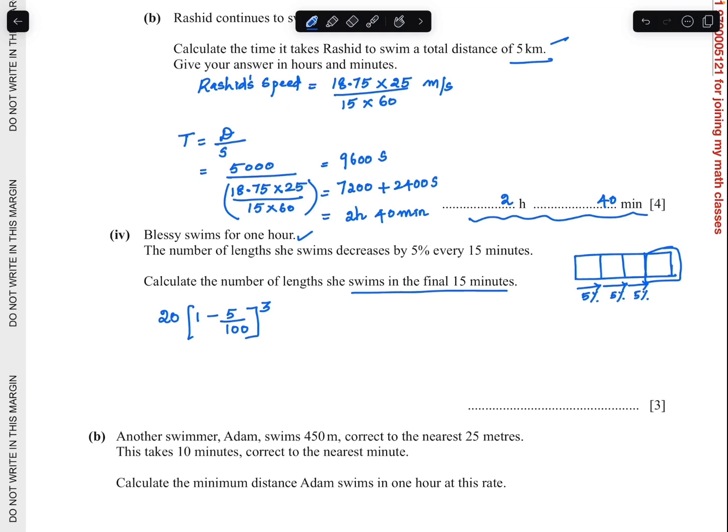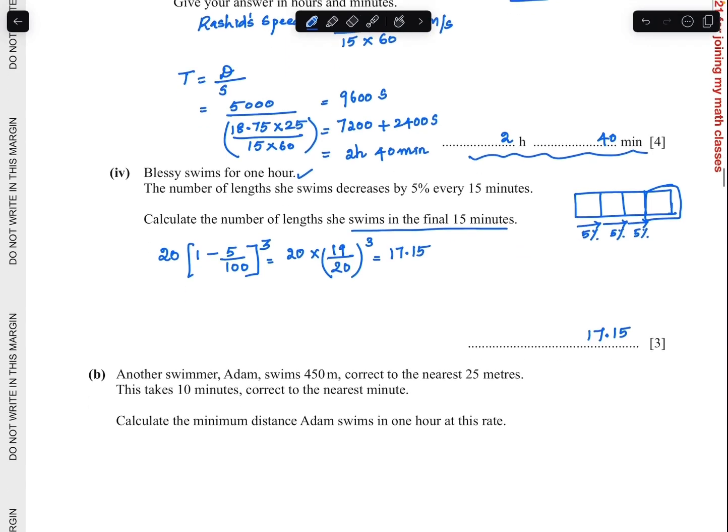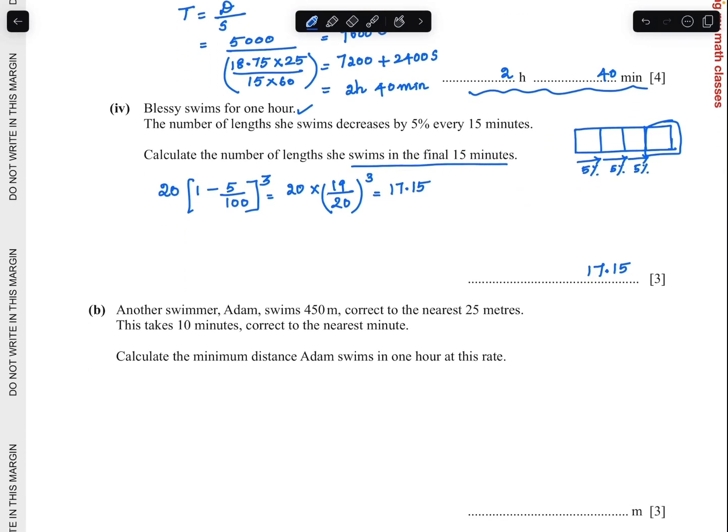So if we calculate this, 20 times 19 by 20, the whole power 3, gives me 17.15. So 17.15 is the number of lengths that she swims in the final 15 minutes.